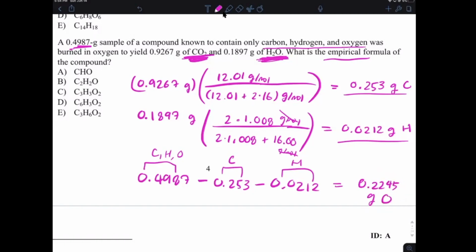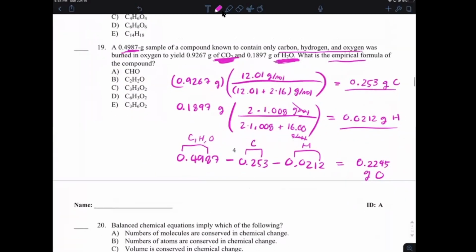All right, so now what we have to do is convert everything into moles. So we can do that by just dividing by the molar mass. Divide by the molar mass, divide by the molar mass, divide by the molar mass. And for carbon, we get 0.0211 moles carbon. Hydrogen, we get, I'll write out the molar mass just in case.